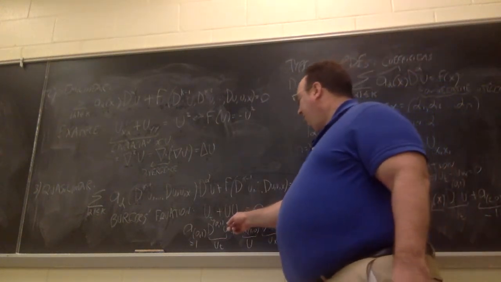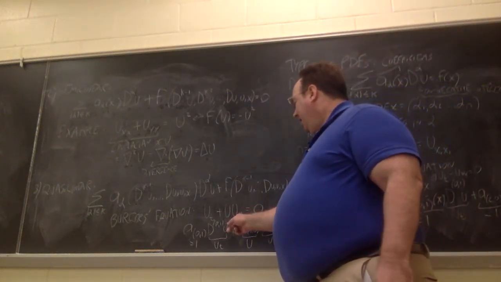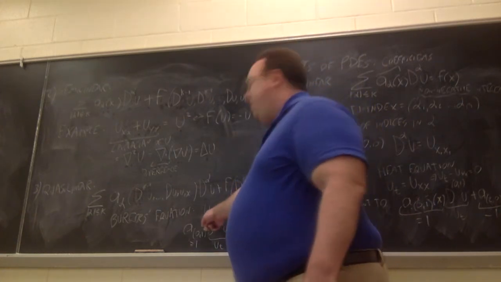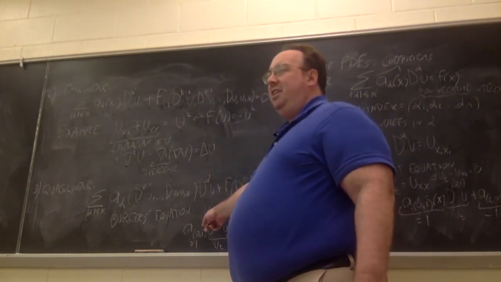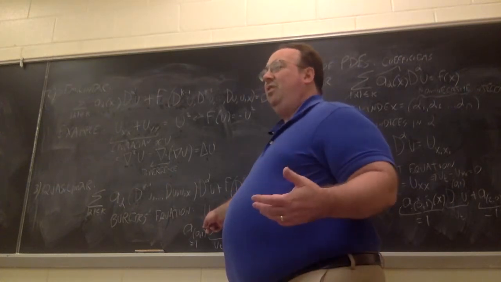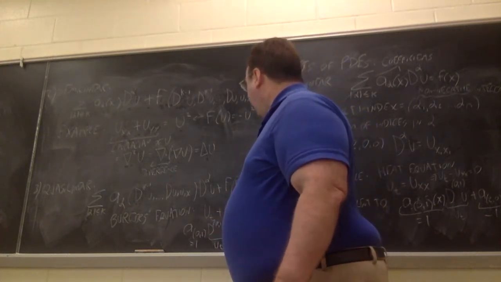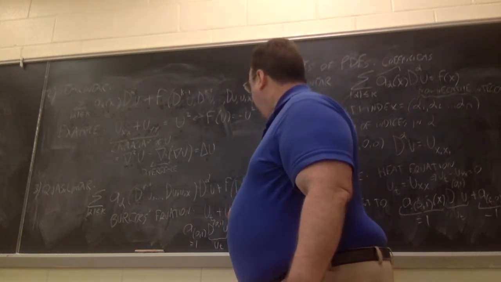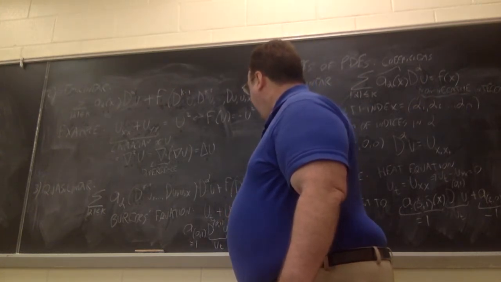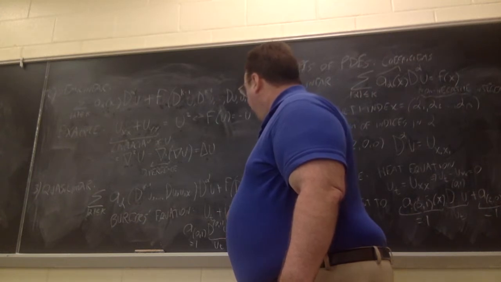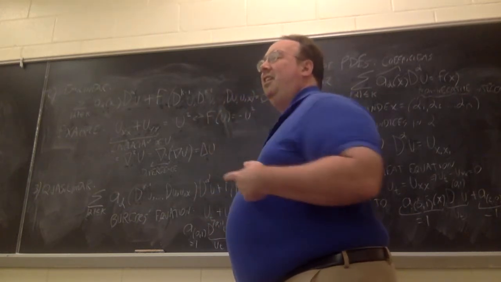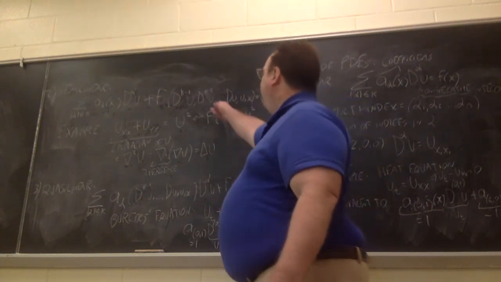Like, let's suppose I had UTT instead of UT. So that's a second order. Well, any U dependence in coefficients, so if I had UTT, that would not be quasi-linear, that would be semi-linear, because any nonlinearity was in a lower order term.